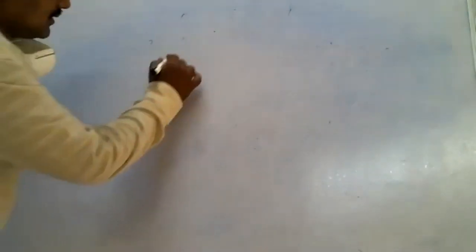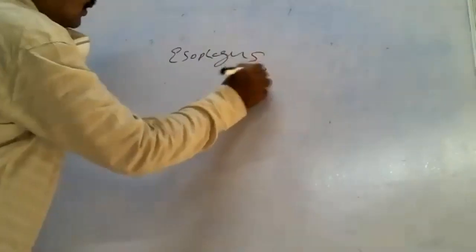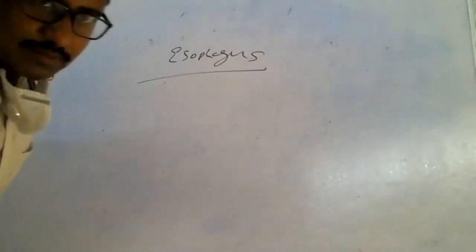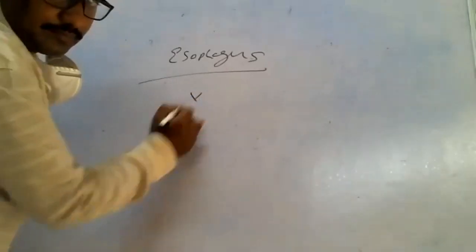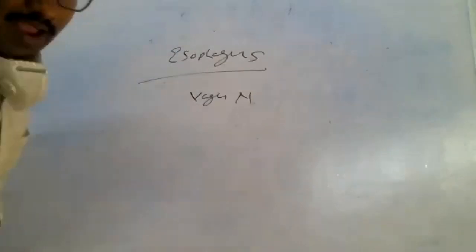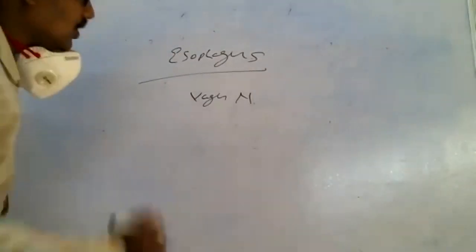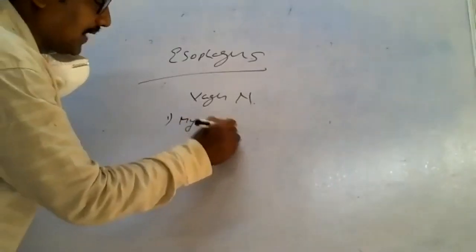So, students, in esophagus, the nerve supply of the esophagus is by which nerve? Vagus nerve. Yes or no? There are two plexuses. One is myenteric plexus.